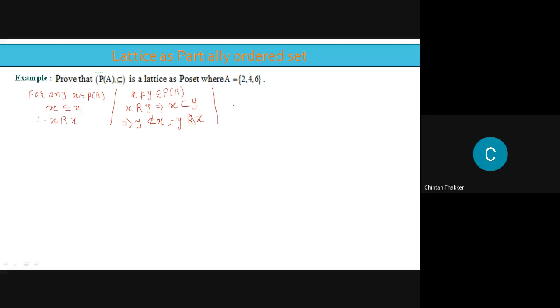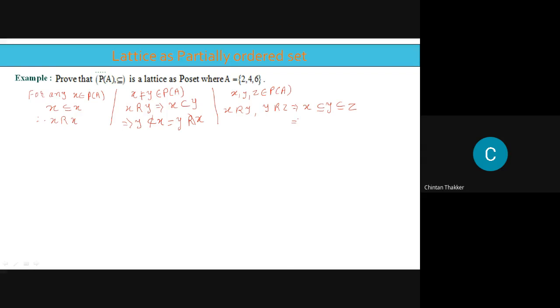Then for x, y, z belonging to P of A, if x is related to y and y is related to z, that implies x is a subset of y and y is a subset of z.